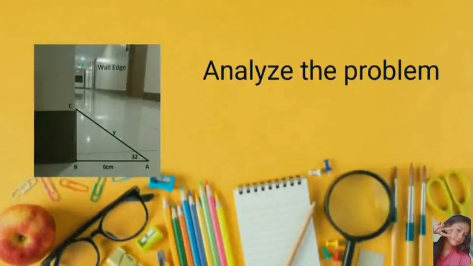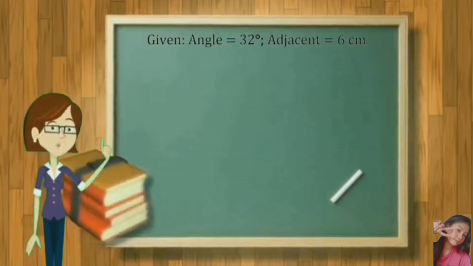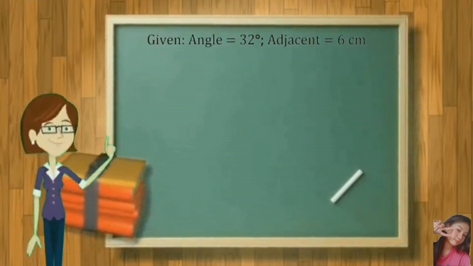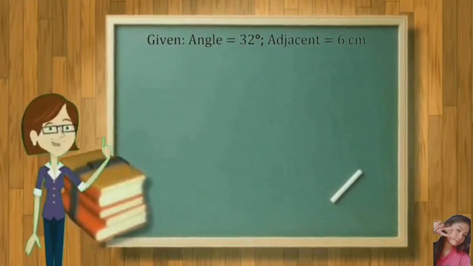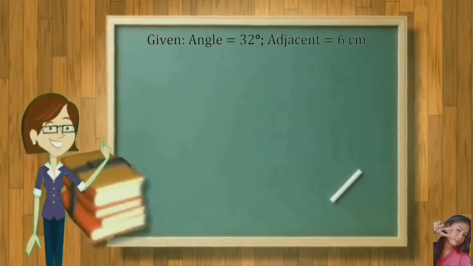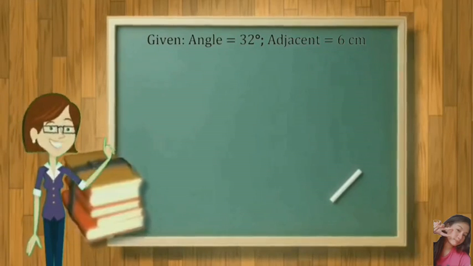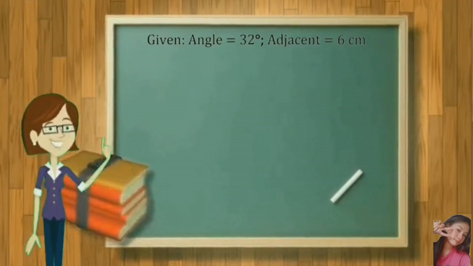First, analyze the problem. Observe the illustration above. Find the value of x given the angle and the adjacent. The value of the adjacent and the angle were already given, so this leaves us with two sides. But the question asks for the height of the brown painted wall, which is the opposite.